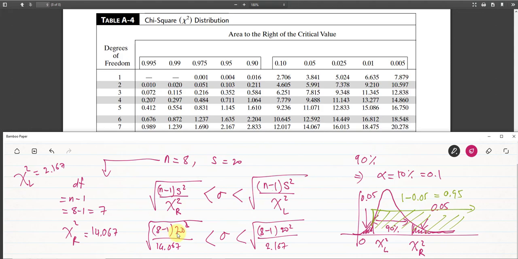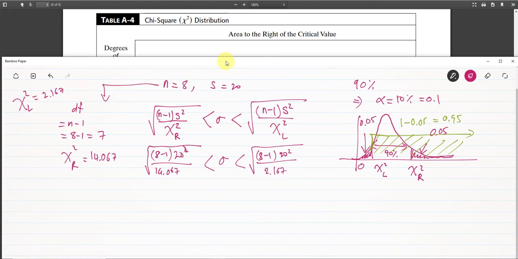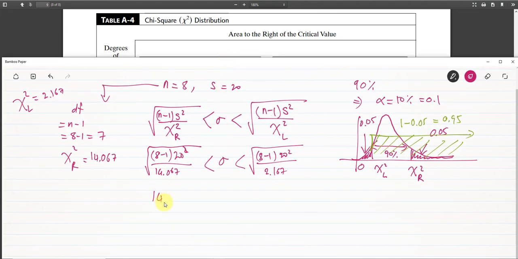If you do the calculation right here, you will get 14.108. And then if you do the same thing for the right side, you will get 39.945. And this is the confidence interval for the standard deviation.